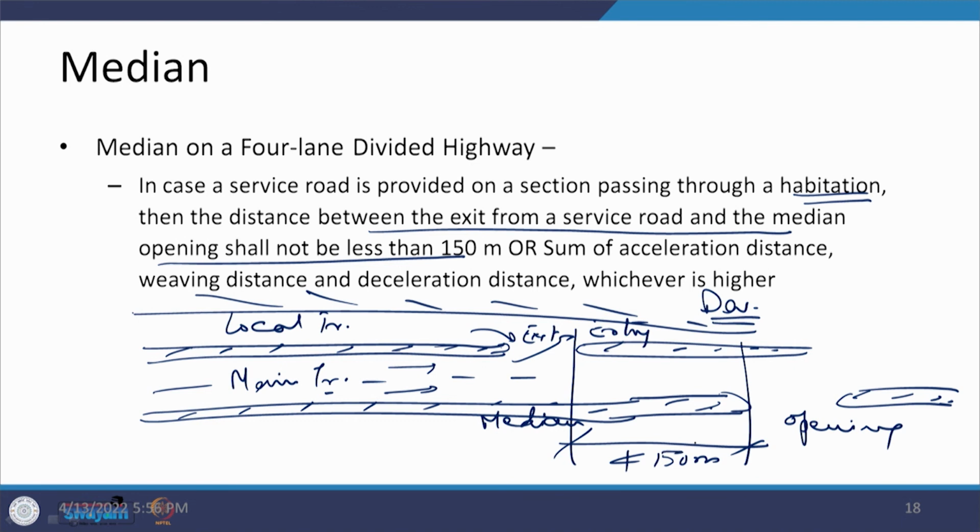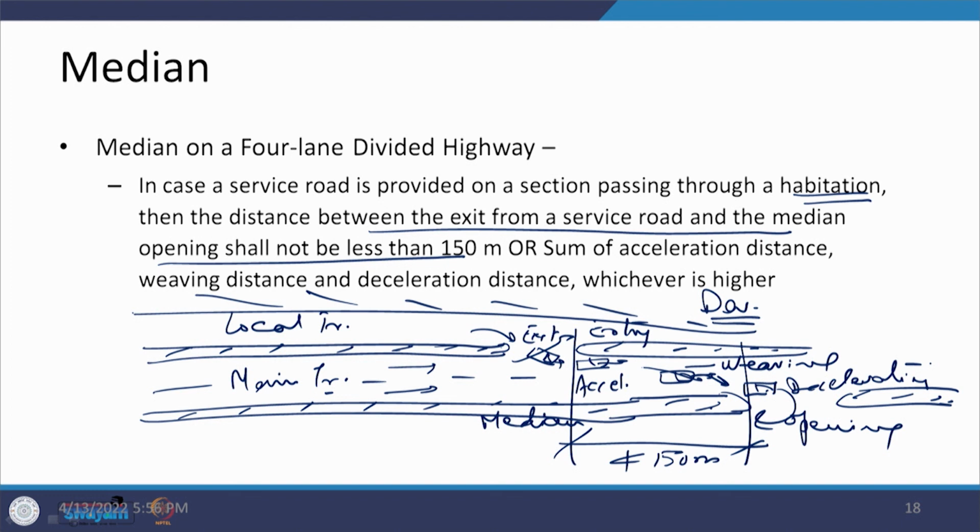The second thing is that if a vehicle comes from here like this, then this vehicle has to move like here, and it starts deviating. So, there is a weaving action and then it will come to this particular location so as to take a U-turn. This vehicle is going to accelerate here, do a weaving action here and decelerate here.